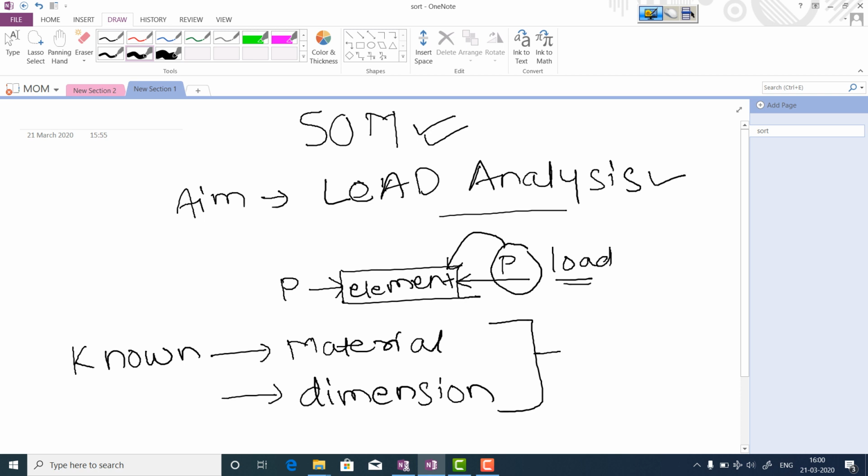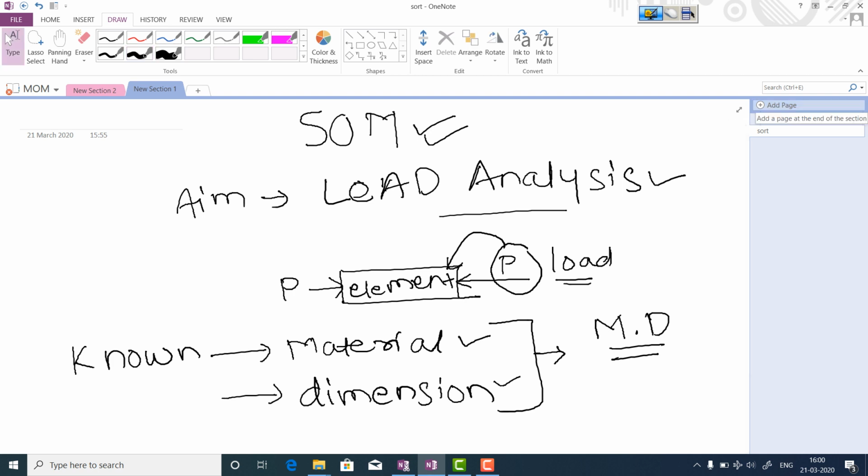Now in the subject called machine design, we find out the material and the dimensions which are safe, which will keep our element safe during the working stage. But here in the strength of material subject, our aim is to do load analysis.